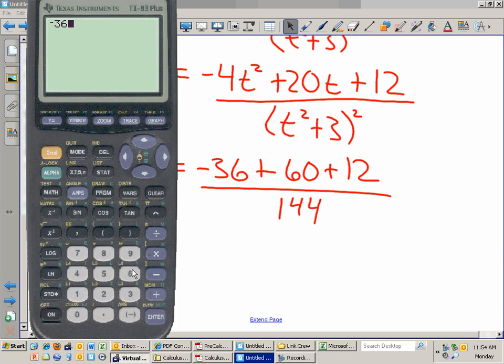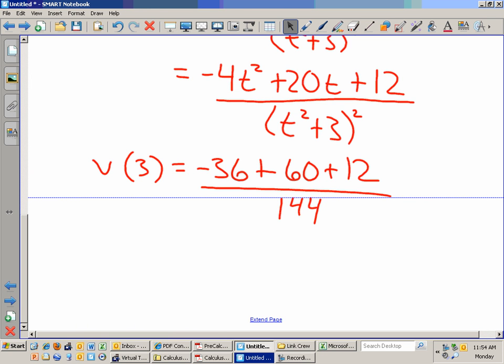Negative 36 plus 60 plus 12 is 36, divided by 144. Who made up that problem? 1/4. So V of 3 is equal to 1/4.